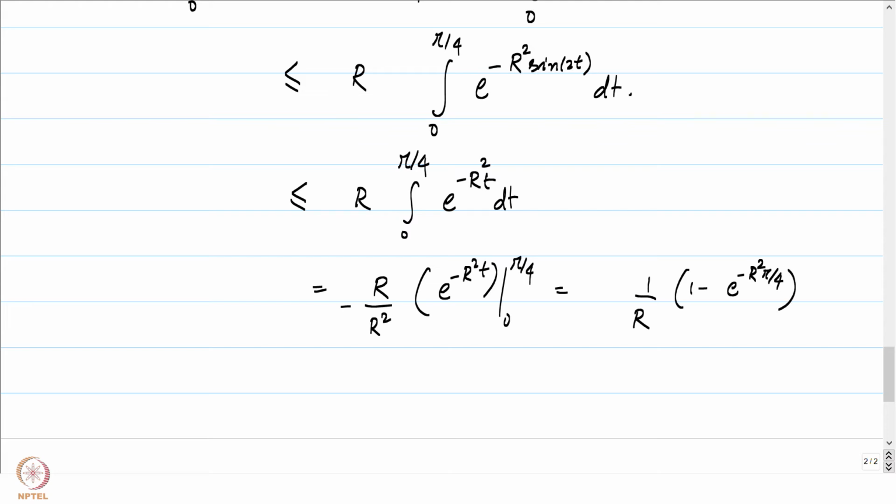Now, e to the power minus r square times pi by 4 is a number between 0 and 1, and therefore this is in particular less than or equal to 1 by r.